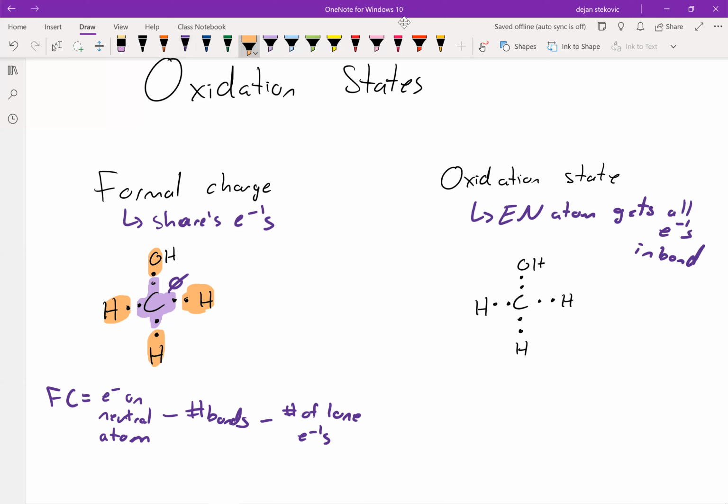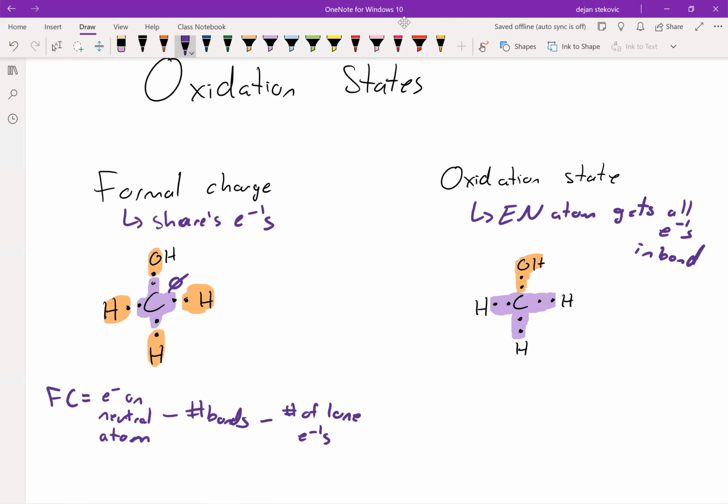Whereas before this OH was sharing one of its electrons, now it's going to take both of these electrons because oxygen is more electronegative than carbon. However, in these carbon-hydrogen bonds, the carbon is going to take both electrons because carbon is more electronegative than hydrogen.